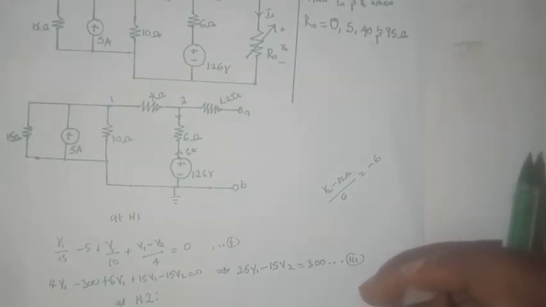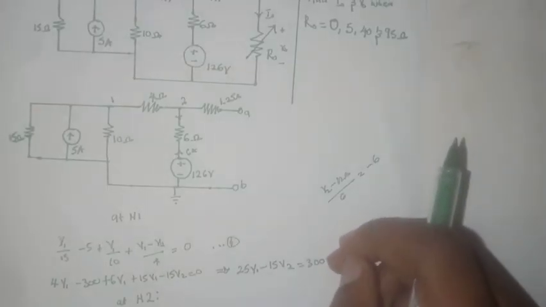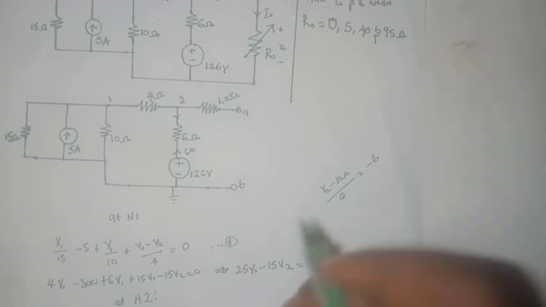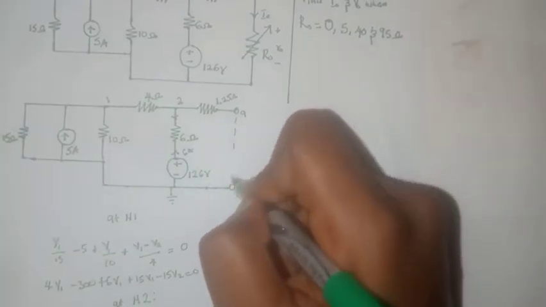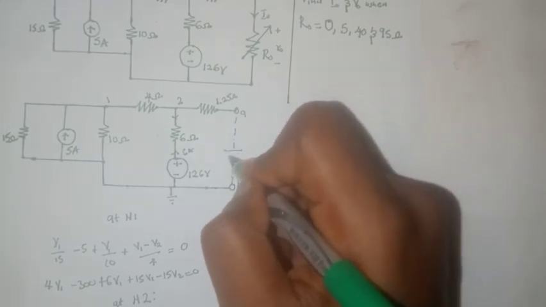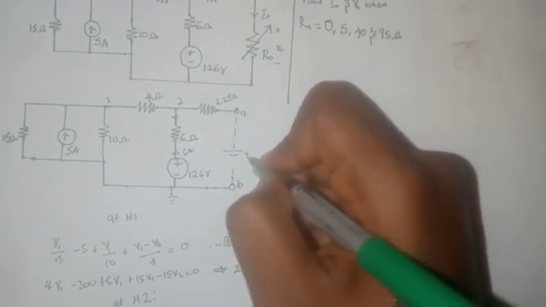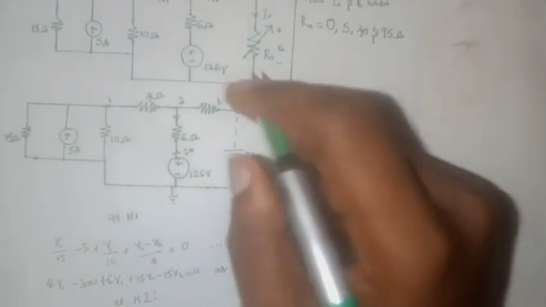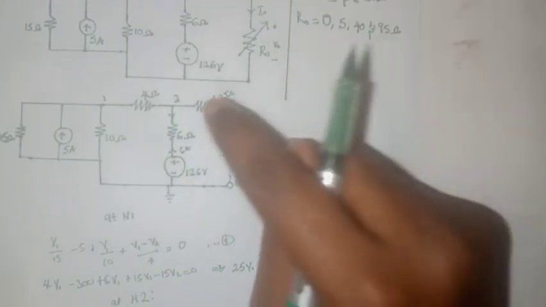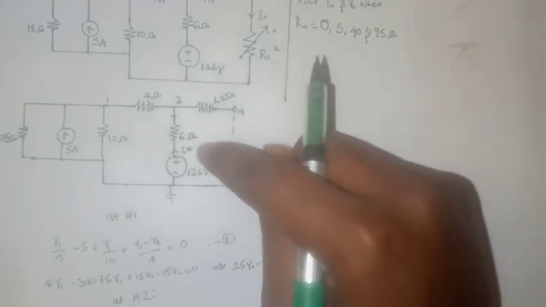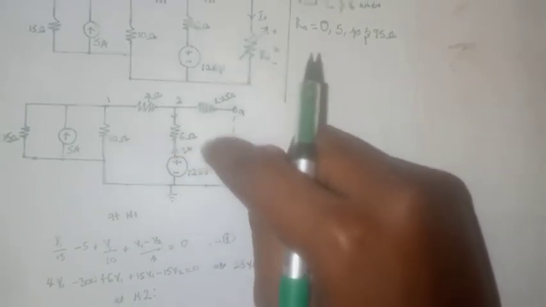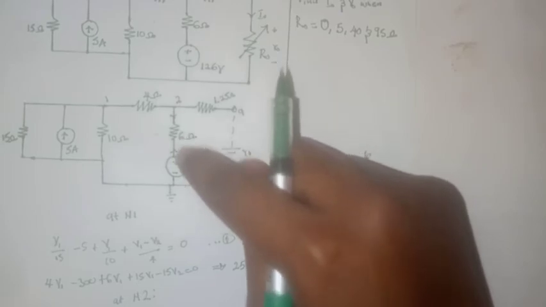The next thing I want to do to calculate the value of VTH is connect a voltage source across this port, and that will be the value of VTH. Then we'll write a KVL equation. Now we know that no current is flowing in this resistor, but we have 6 amperes flowing in this branch.